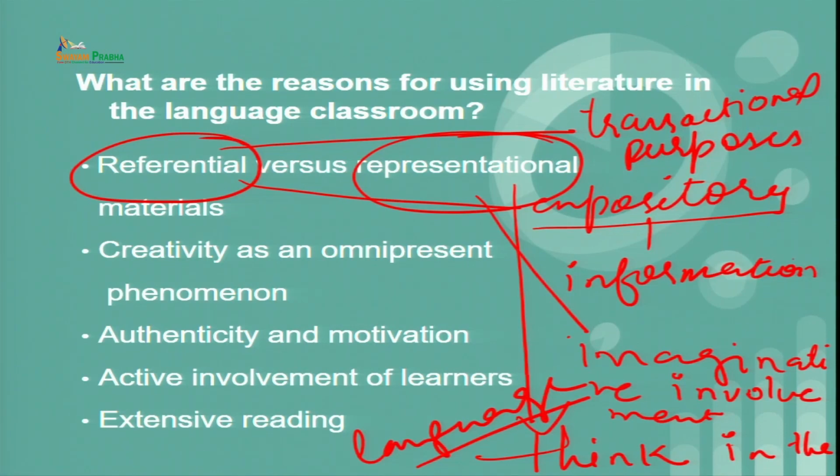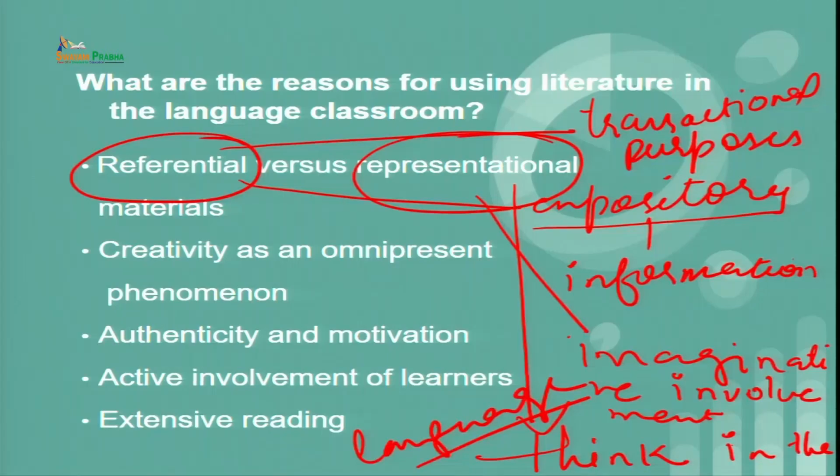However, when we say representational meaning, we generally refer to the connotations that are being made. Connotations refer to the cultural context associated with the text or the word, and therefore representational material comes with literature, and that is the reason why we are encouraging literature in the language classroom.